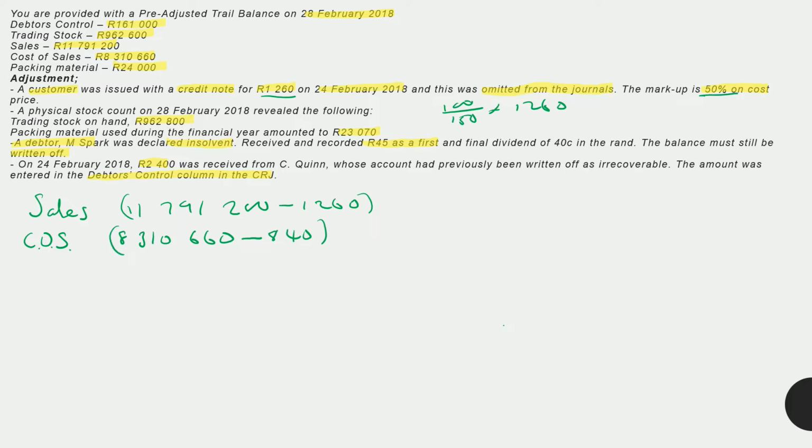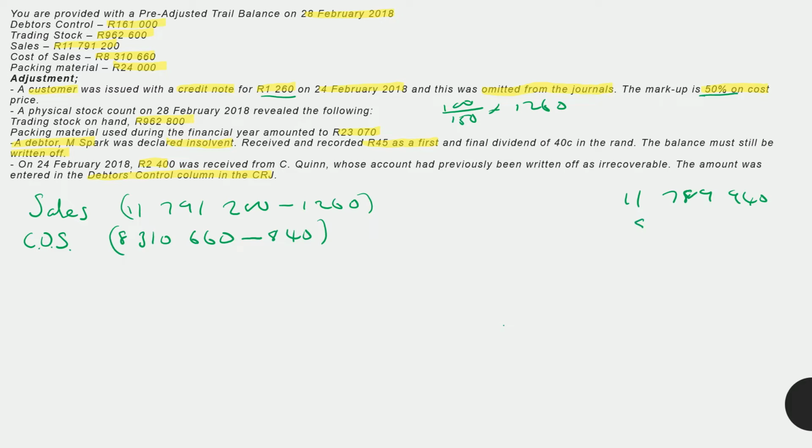Right, then once you get these figures, I have 11,791,200 minus 1,260. This will give me 11,789,940. Then my cost of sales will be 8,310,660 minus 840.